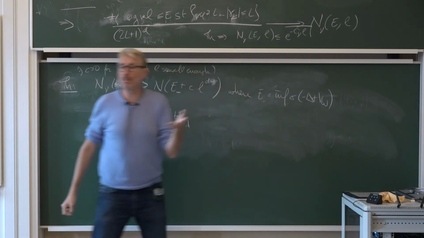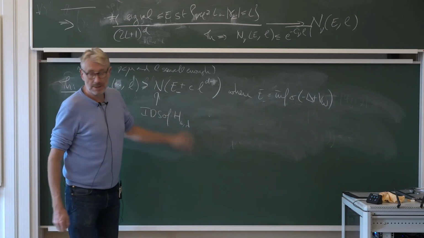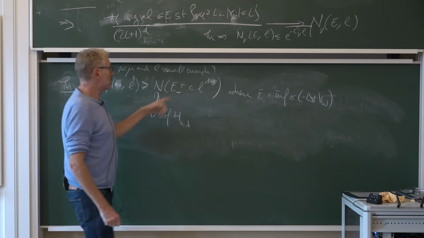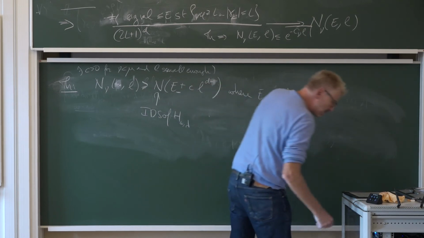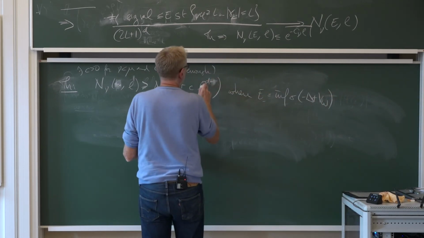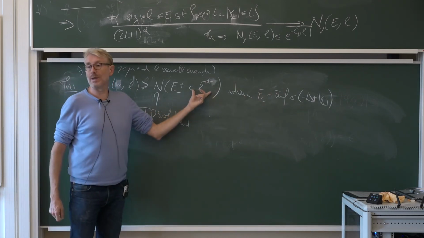This is an almost sure number, right? The infimum of the spectrum is almost surely the same for omega. So this thing is well known. Sorry, there is a minus missing here. It is minus d minus 1. This thing goes to 0 when L gets large.